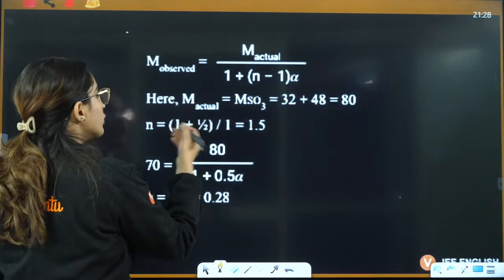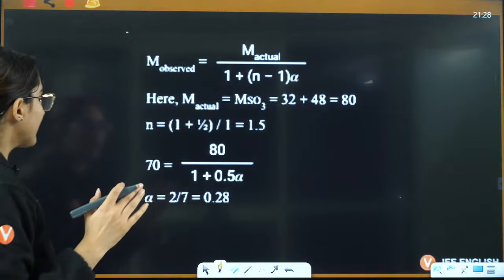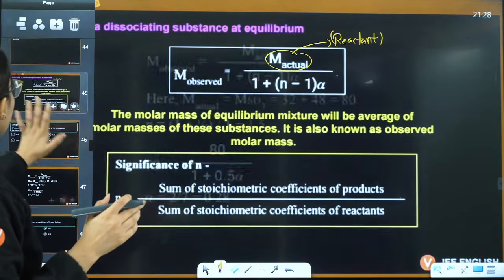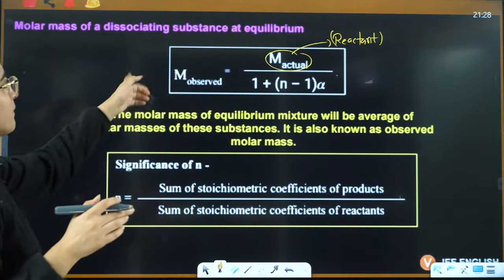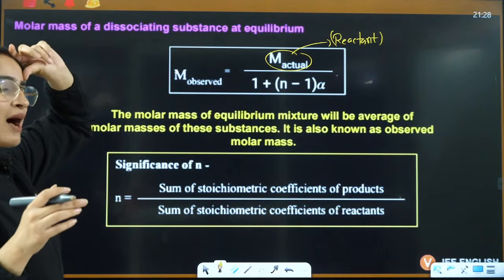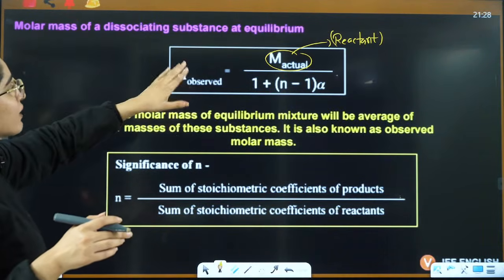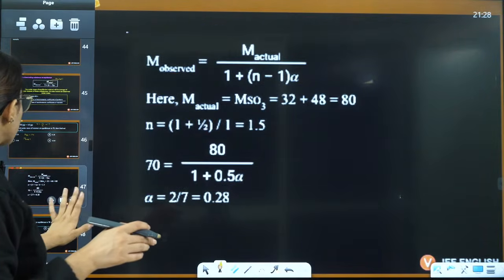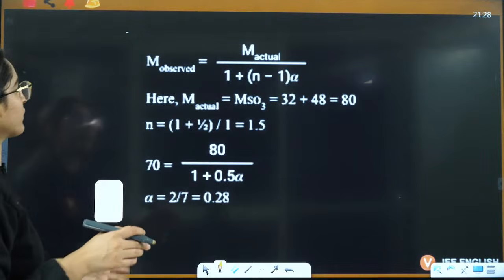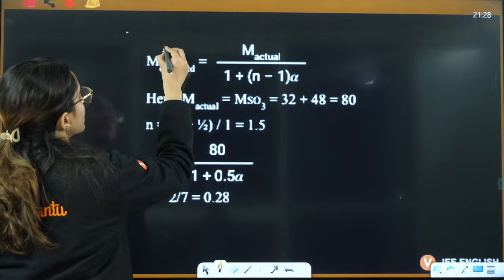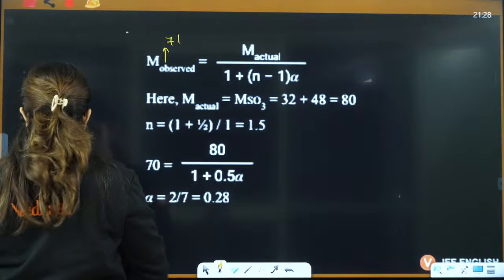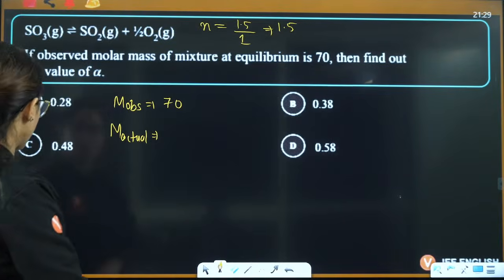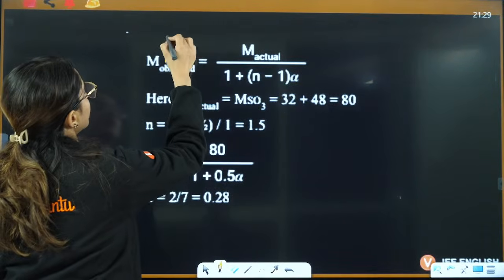Then apply this particular formula here: mass observed equals mass actual divided by 1 plus (n minus 1) alpha. Just apply this formula and you will get your answer. Mass observed is given to be 70.